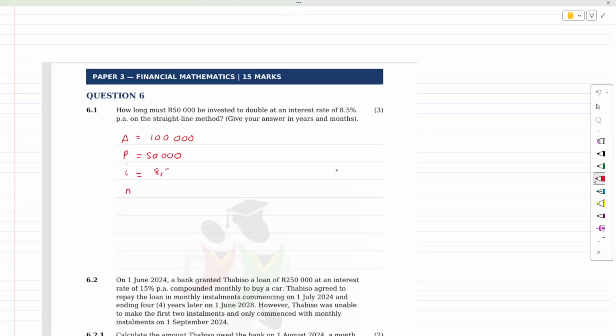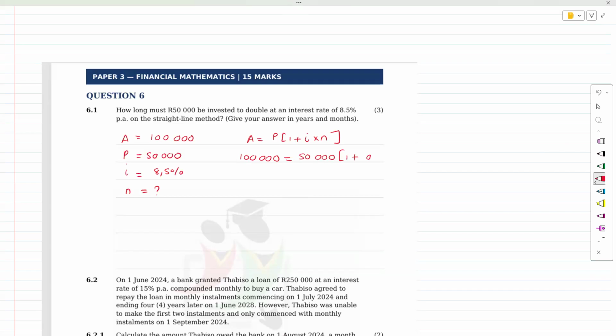That's 8.5%, and that's unknown. So A equals P times 1 plus I times N, right? That's 100,000. You can use P and 2P. It's up to you. Doesn't matter.